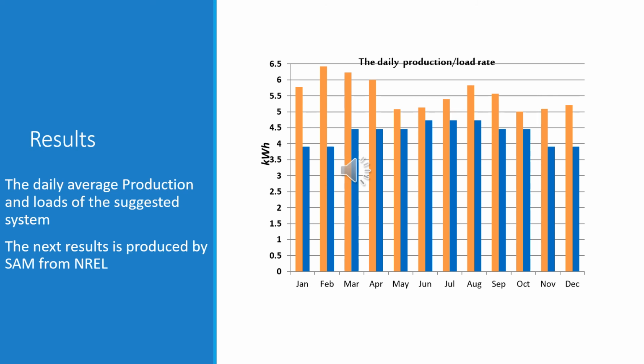Here in the chart we can see the load in the blue line and the electricity produced by PV in orange bars, in kilowatt hours per day, the average daily per month.